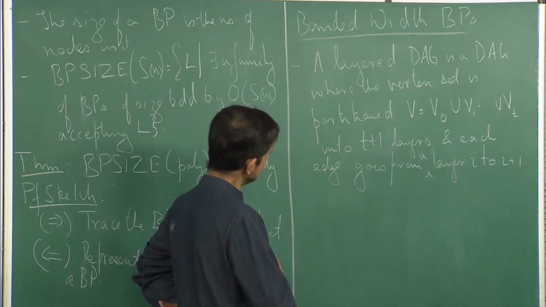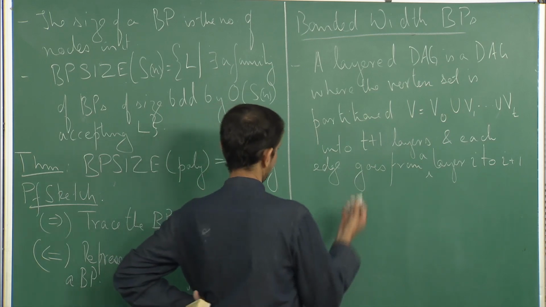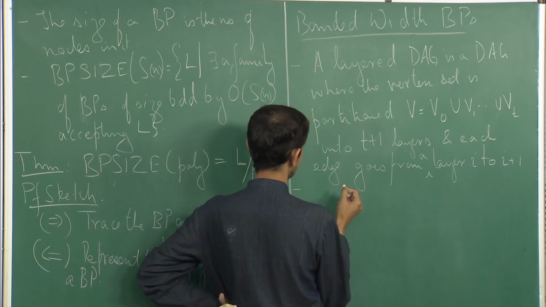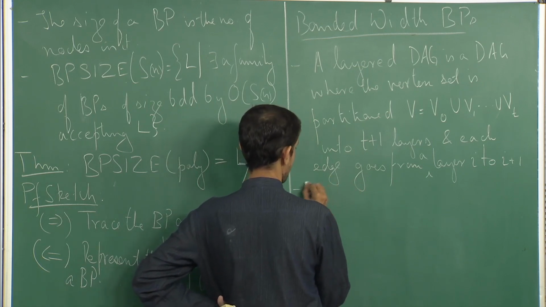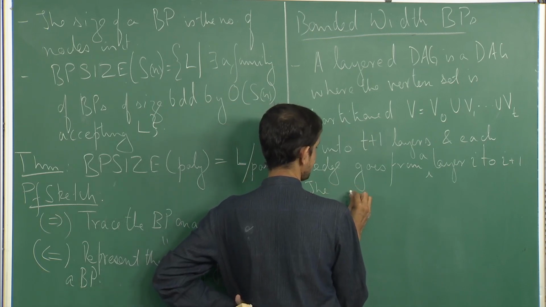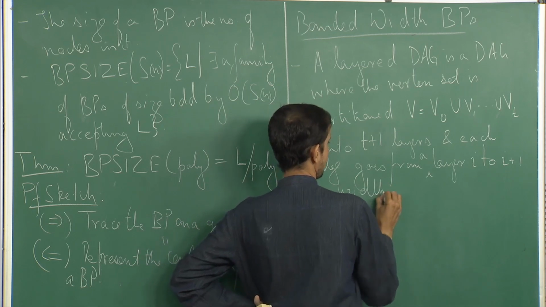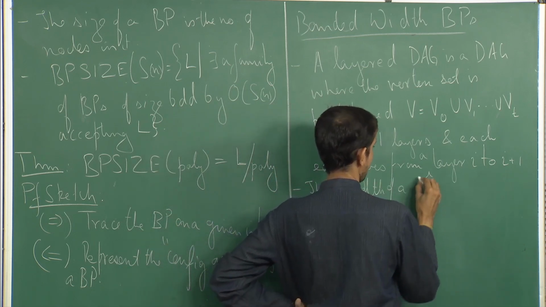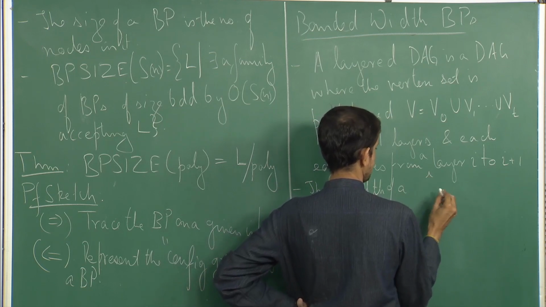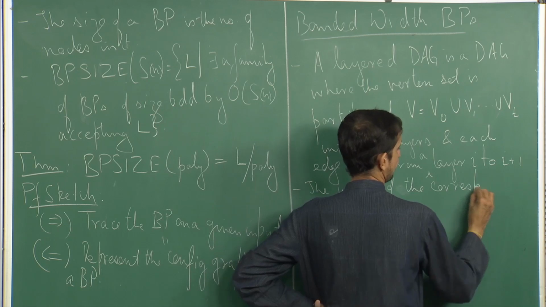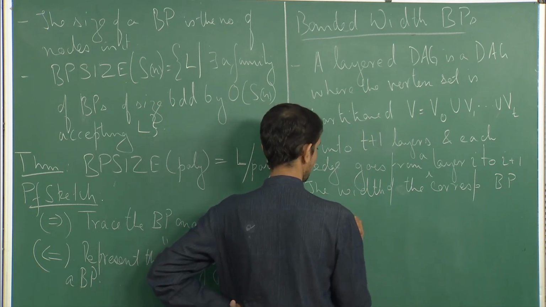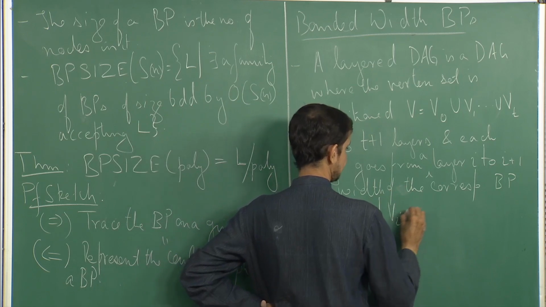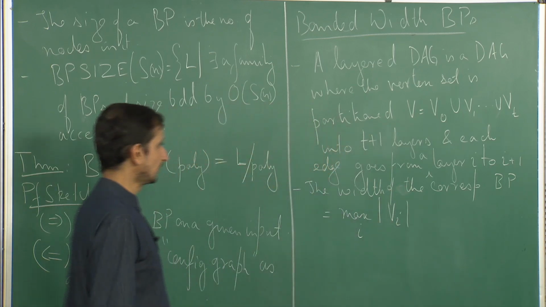Okay, so we have a layered DAG, and the width of the corresponding branching program is equal to the maximum over I of the size of VI.